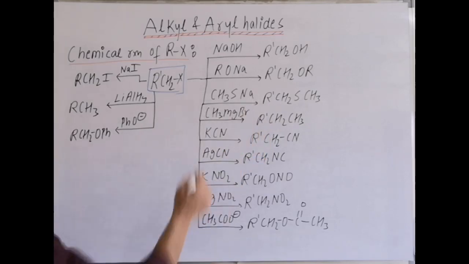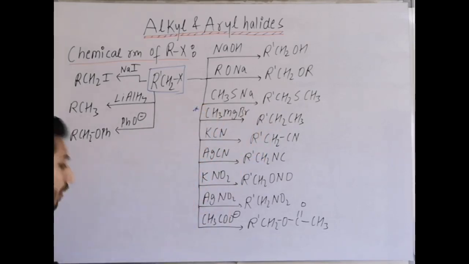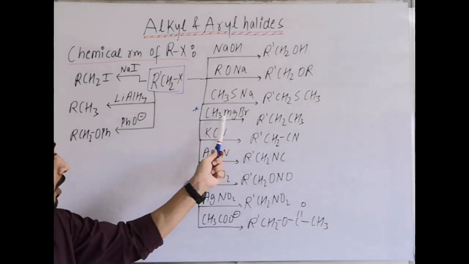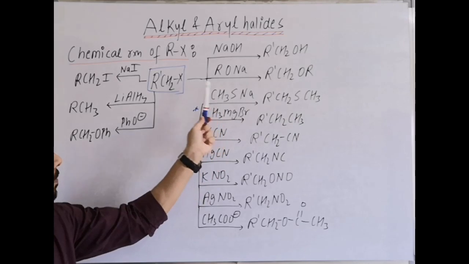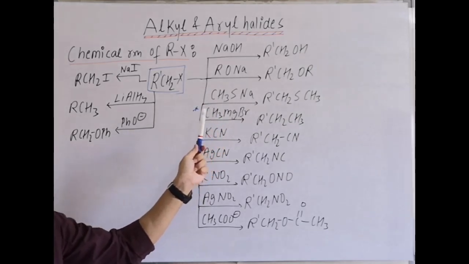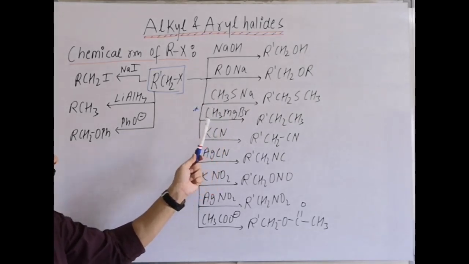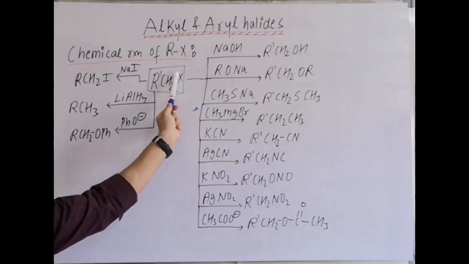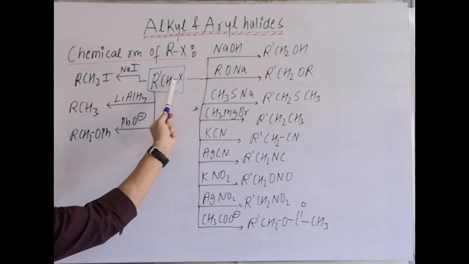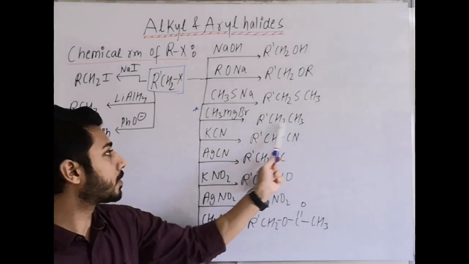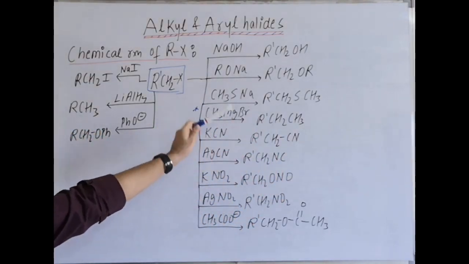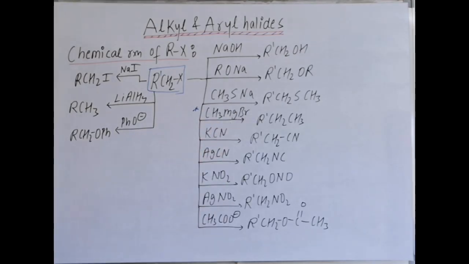Fourth, this is a Grignard reagent. If you remember, it is a polar covalent bond between R and Mg. Carbon has a partial negative charge, not a pure negative, but we treat it like a carbanion. This acts as the nucleophile, X minus leaves and CH3 minus attacks there, and it forms an alkane. This is an important reaction because from alkyl halide with Grignard we can also prepare alkane by the SN2 mechanism.